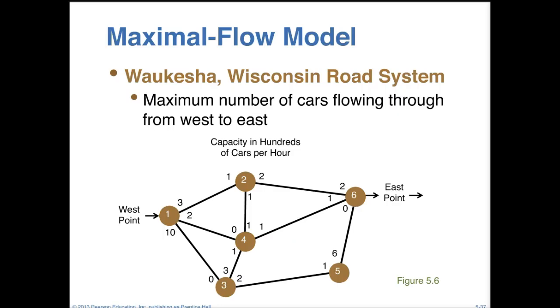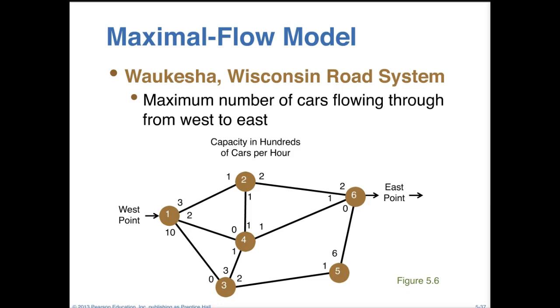All right, so let's go ahead and talk about the maximal flow model now. In this example, we have a situation where we're trying to find the best way to get, let's say, trucks or whatnot to travel through the city, okay? Each of these numbers tells us the amount of cars that can go in a particular direction.